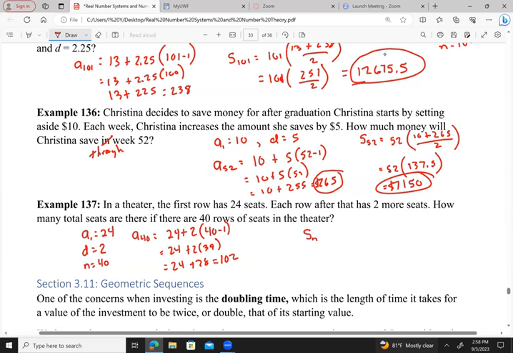S sub n equals n, which is 40 rows, times a sub 1, 24, plus a sub n, or a sub 40, 102, divided by 2. We get 40 times 126 divided by 2, which is 40 times 63, which is a whole lot of seats. 2,520 seats.